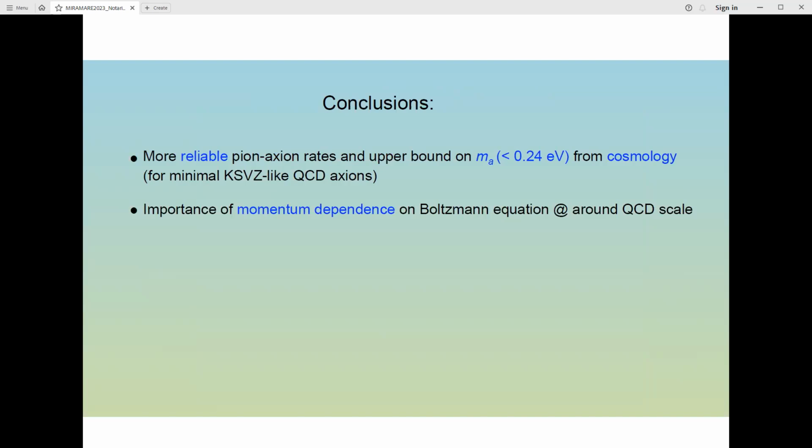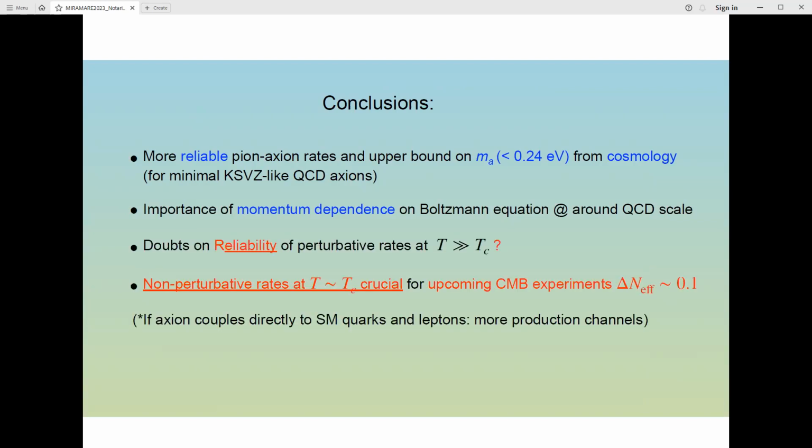Okay, conclusions. We have computed more reliable pion axion rates, more reliable than the tree-level calculation. And we got this new upper bound from cosmology. Then we also found for the first time the importance of momentum-dependent Boltzmann equations for axions. It is very important because g star changes very abruptly. Finally, two comments.